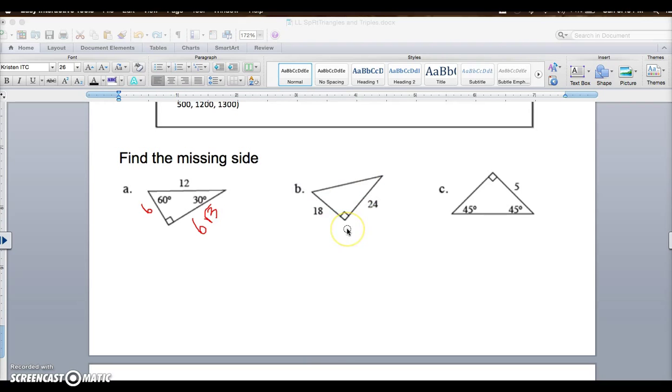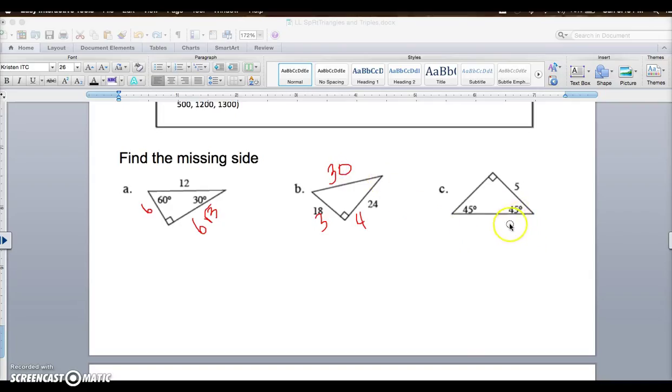This triangle is going to be one of the Pythagorean triples. There's a common factor here of 6. 24 divided by 6 is 4. 18 divided by 6 is 3. So this is obviously a dilation of the 3, 4, 5. In that case, 5 times 6 is going to be 30. So the length of the missing side is 30.